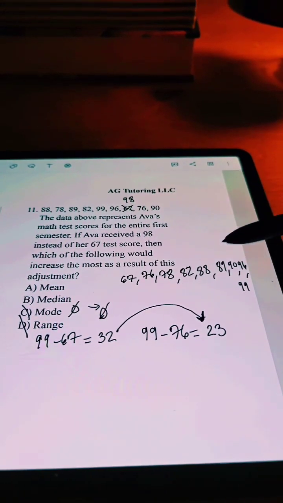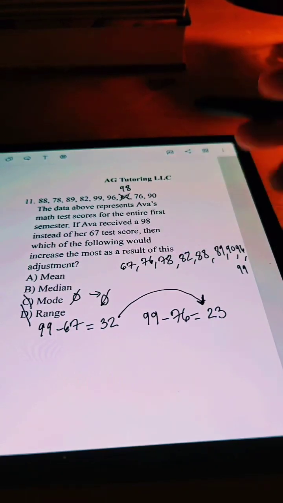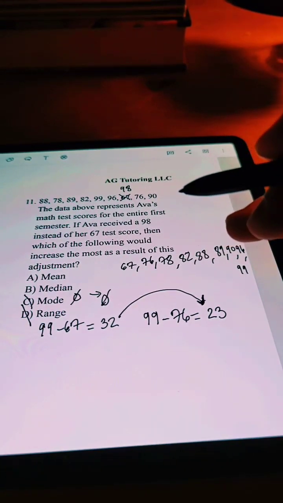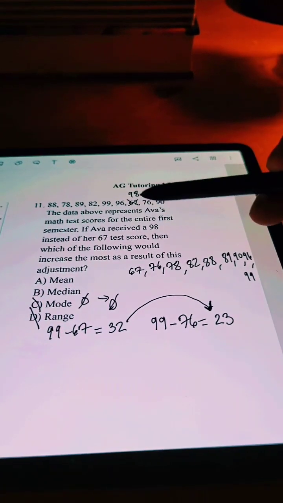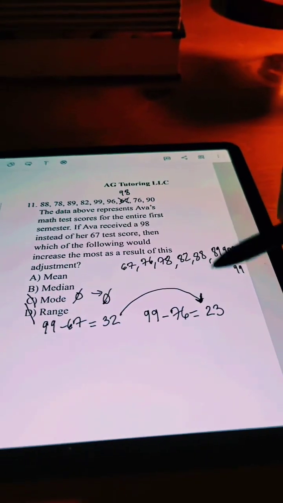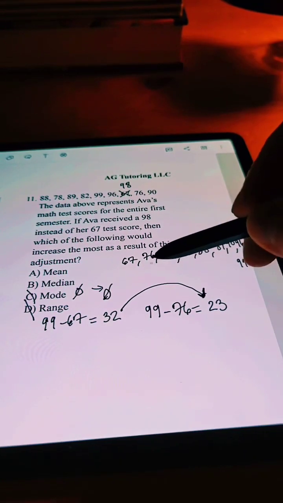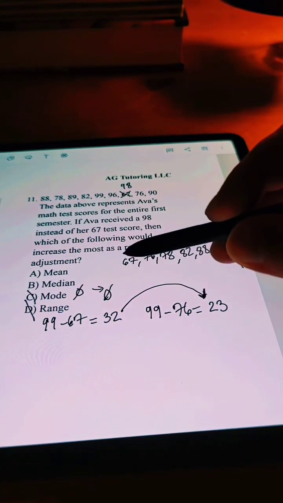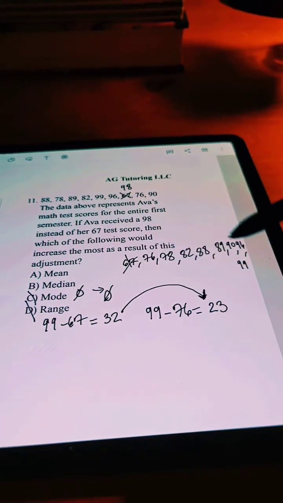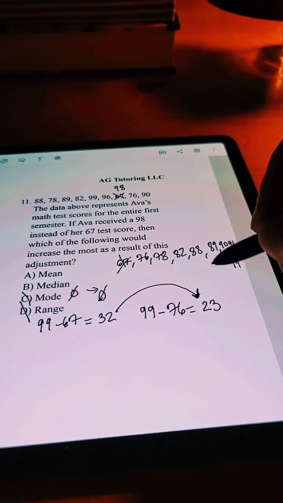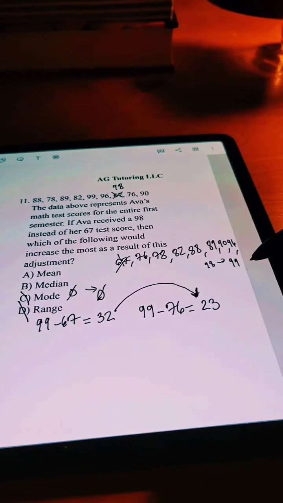So that's how it originally is, before you cross out 67 and put that as 98. If you were to rewrite this list, it would basically be the same numbers, except now you're going to cross out 67 and put a 98 in front of 99.